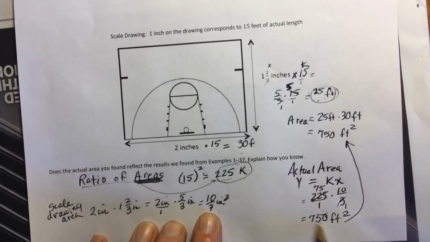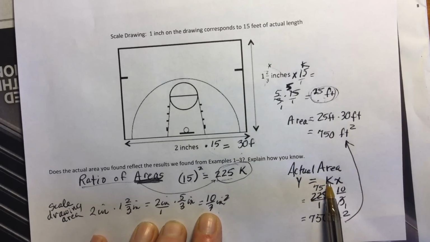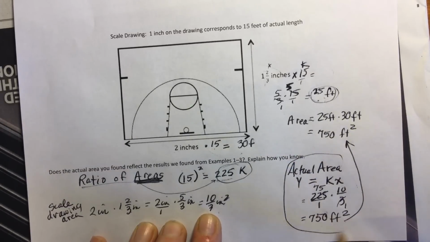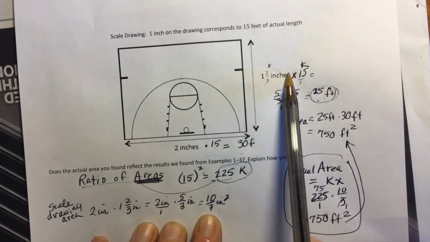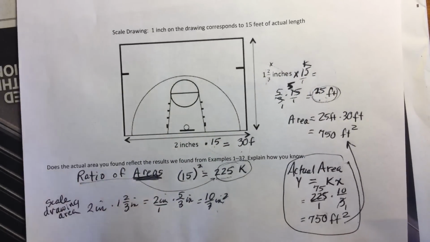Then all I have to do is take my ratio of the areas times my old area, or the area of the scale drawing. Then when I multiply those, I get the new area. So this is just a little clean calculation, as opposed to having to convert this, then multiply them together. This was an easy one, but they'll get harder.